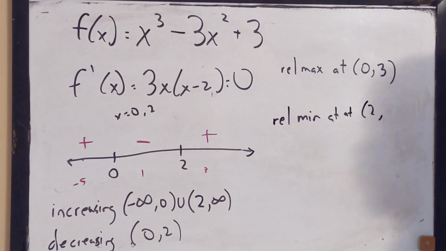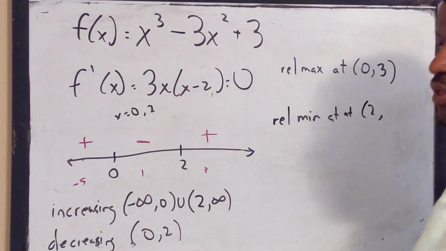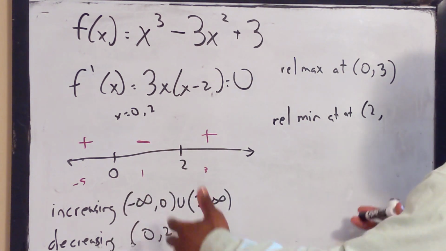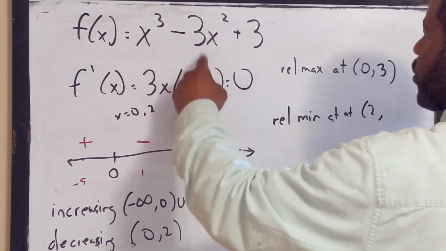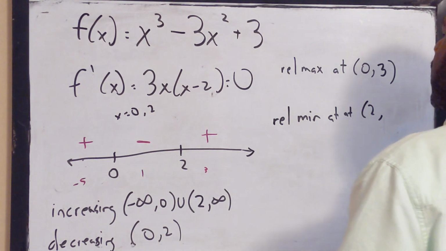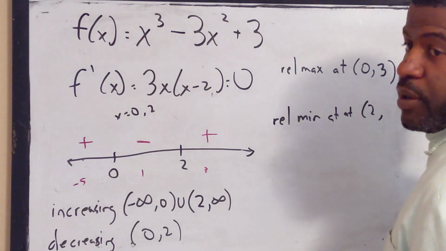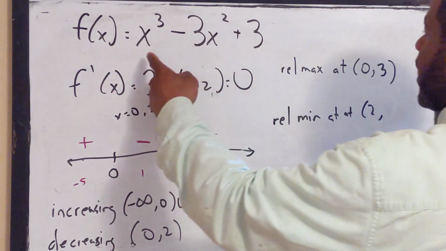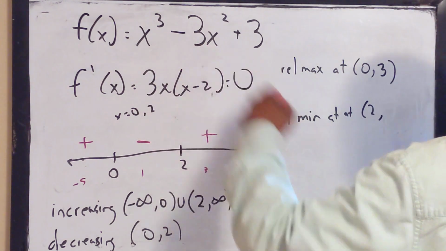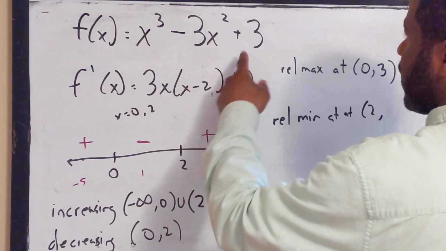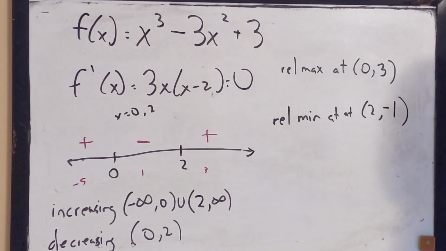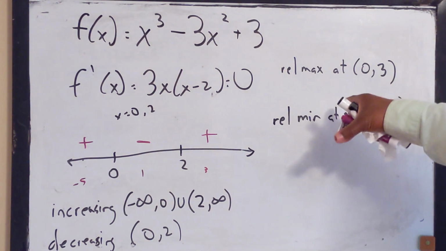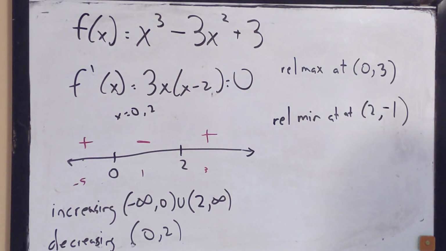Let's plug this in. You can use mental math or scratch paper. For the sake of the space, we're going to have to do it mentally. 2 cubed is 8 minus 3 times 2 squared. Remember, order of operations. That's going to be important. That's an easy mistake to make. That is 8 minus 12, which is negative 4, and negative 4 plus 3, which is a negative 1. So now we have a relative maximum at 0, 3, and a relative minimum at 2, negative 1.